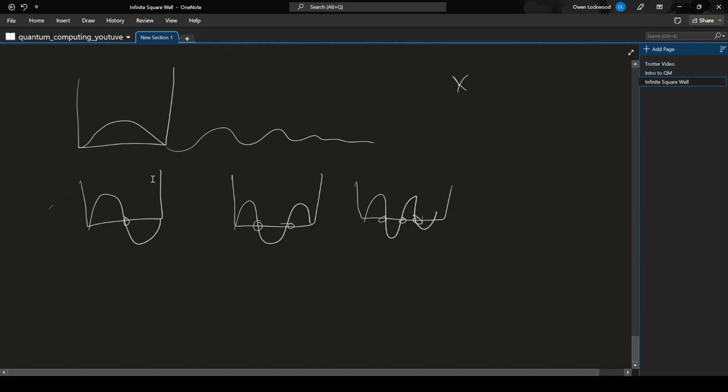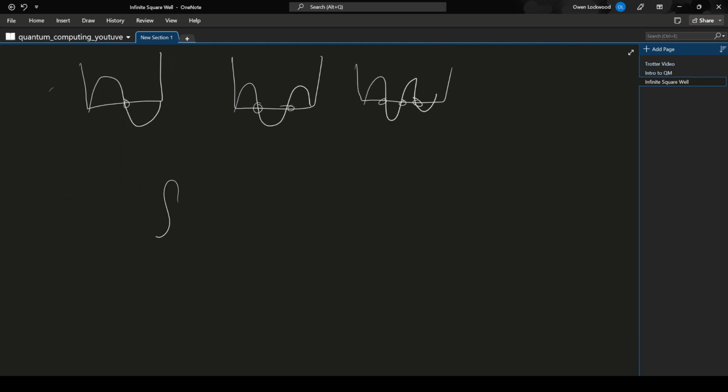These are also orthogonal to each other, i.e. the integral from negative infinity to infinity of psi n psi m is equal to 0, assuming that n and m are not equal to each other. We can also say that this is complete. This is a complete function.